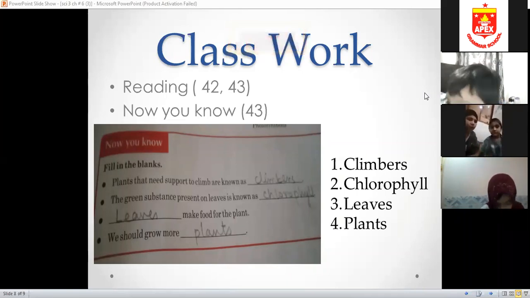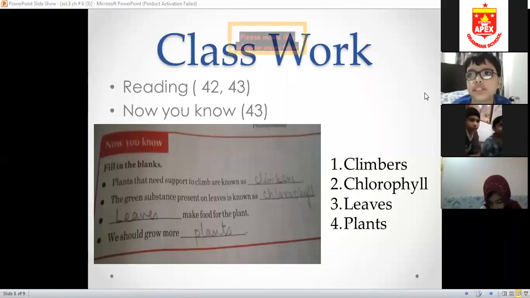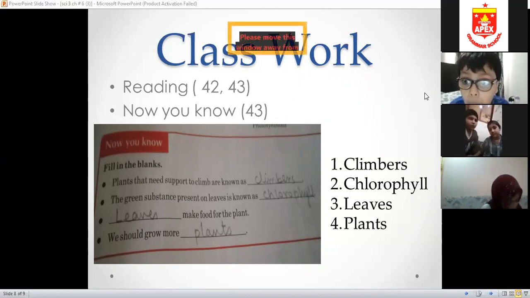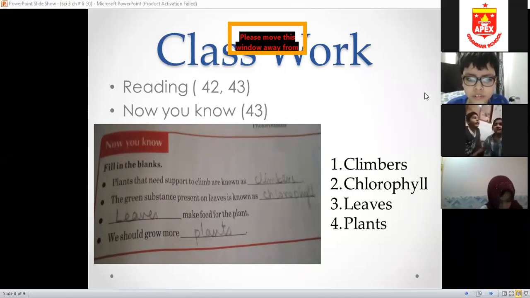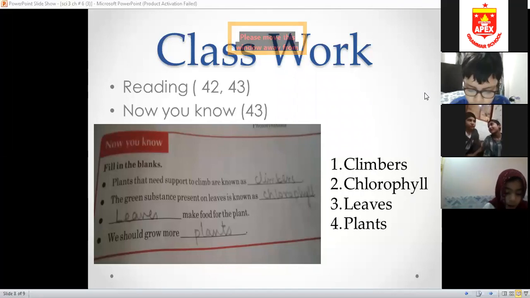Shajiha, I can't hear you properly. This process of making food by using sunlight is called photosynthesis. Food helps the plant to grow. Leaves give out oxygen.